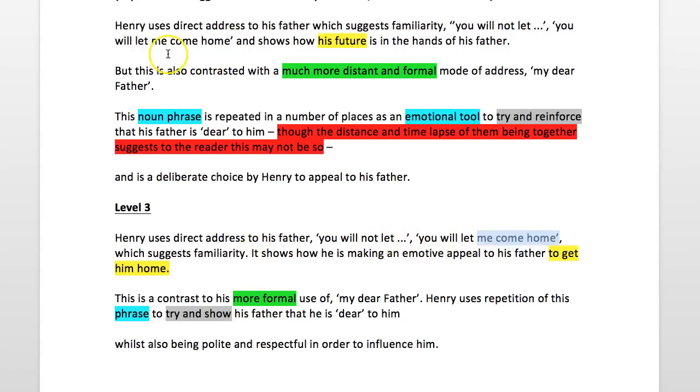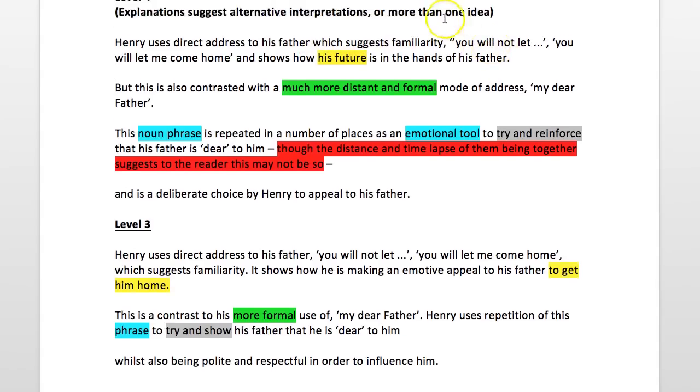Whereas in the level 4 answer, he's asking to come home, which is his immediate future, but the examiner considers this to be a more sophisticated point, that he's putting his wider future in the hands of his father. And that's a way that he introduces more than one idea.